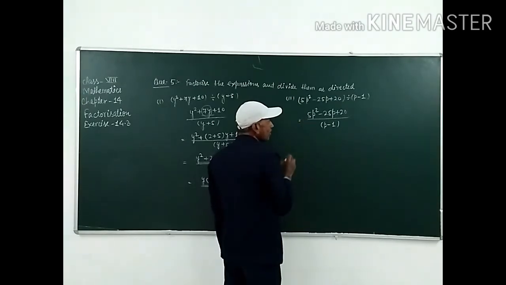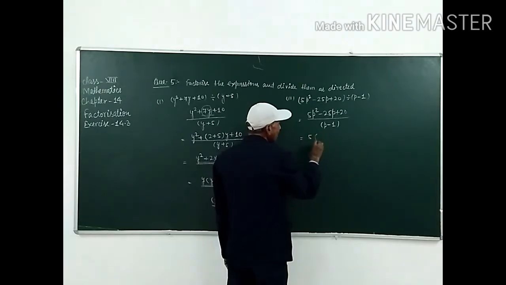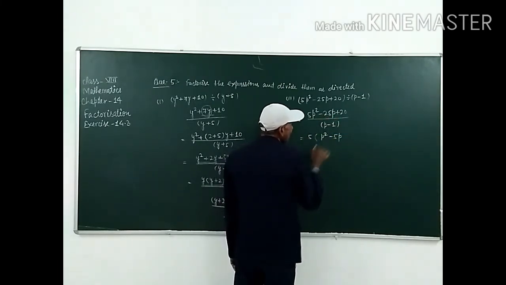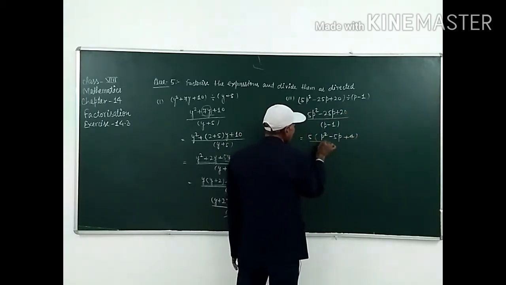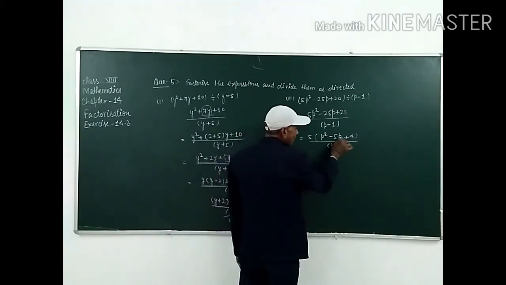After taking 5 as common, it will be p square minus 5p, because 5 times 5 is 25, and plus 4, because 5 times 4 is 20, and the denominator will be the same, p minus 1. And in the next step, we will solve this trinomial, student.